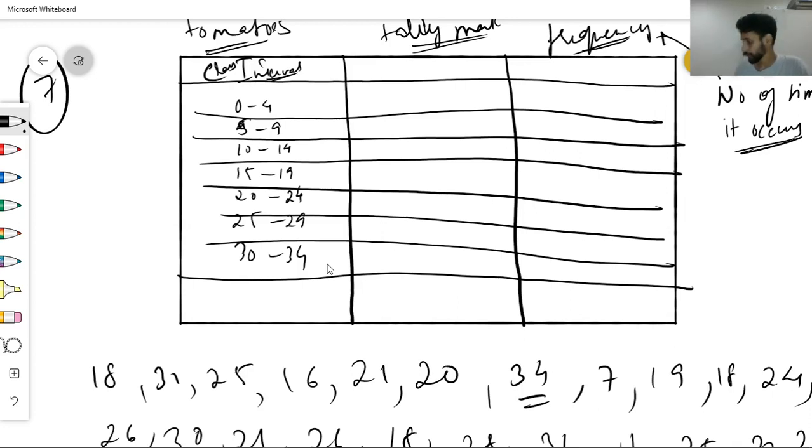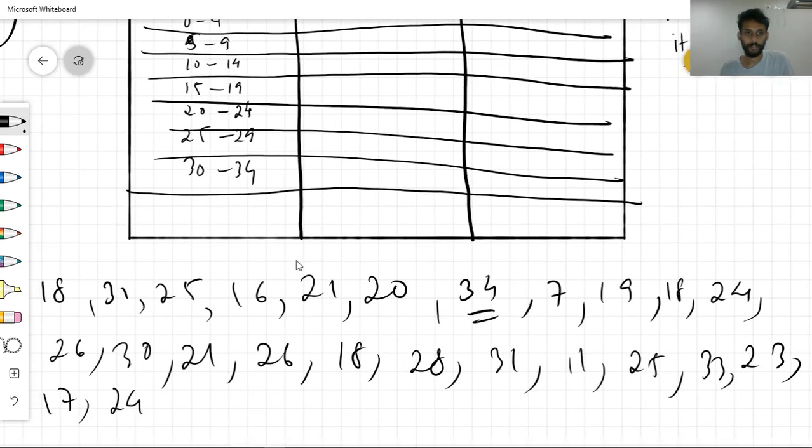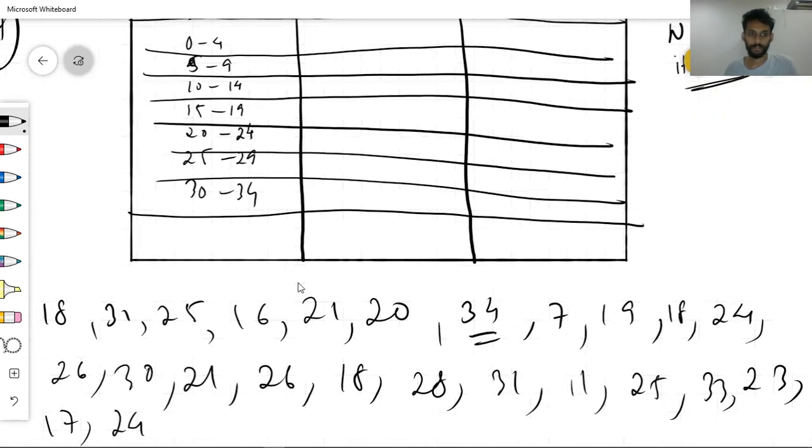Now we have to check how many are there between 0 to 4. So instead of checking one part, we cut from the start.